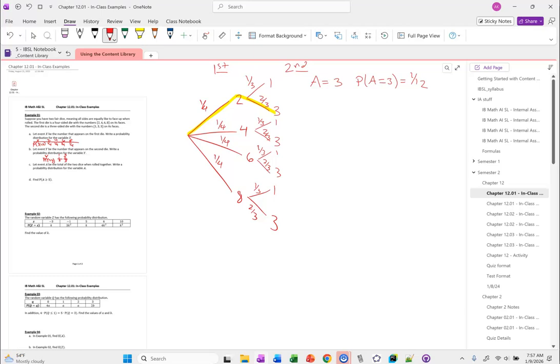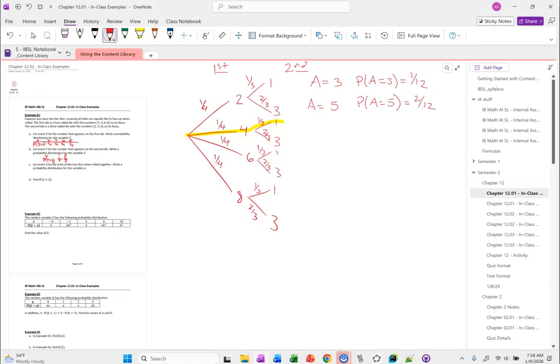Yeah, let's leave them all as twelfths, because it'll be easier to check that we have a probability distribution if they all have a common denominator. Is everybody good with that plan? Next path.